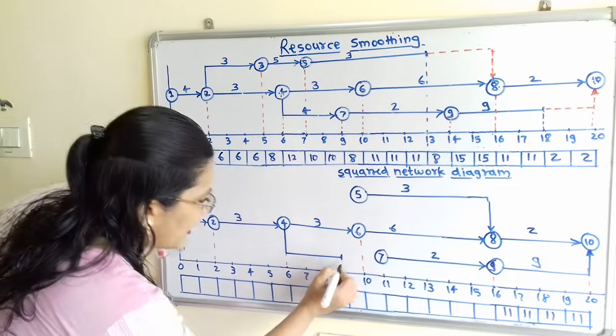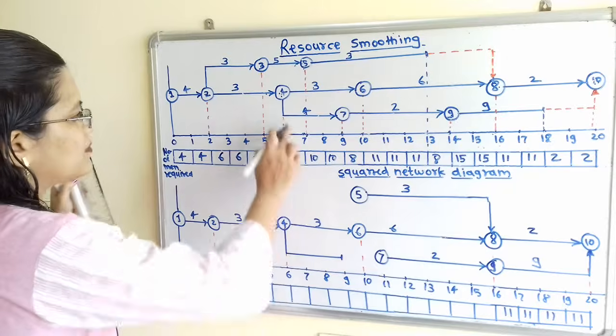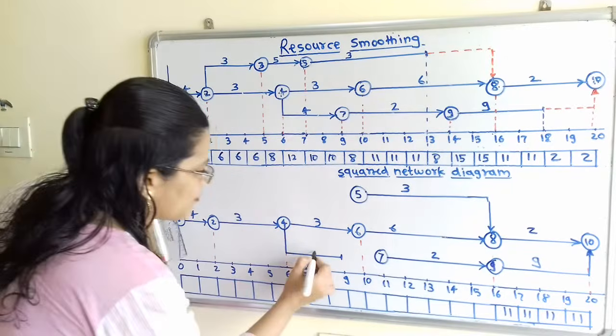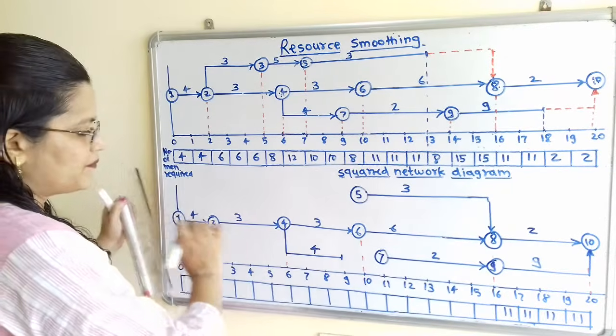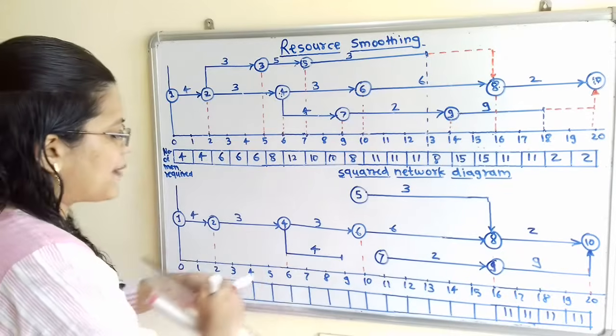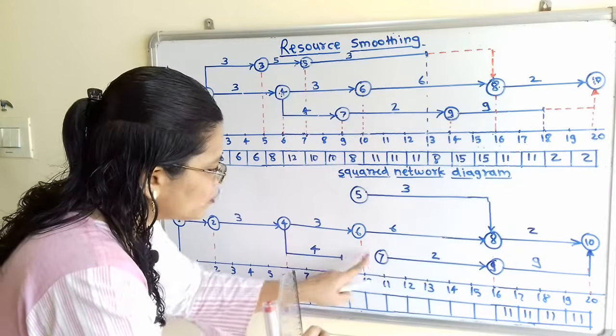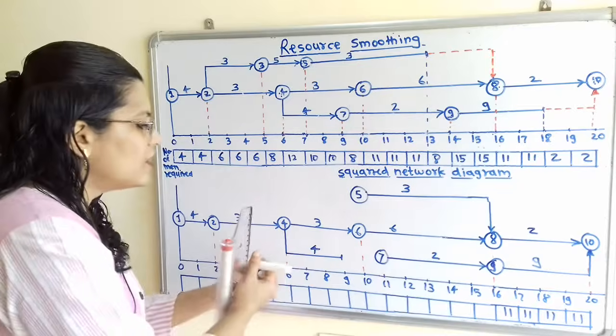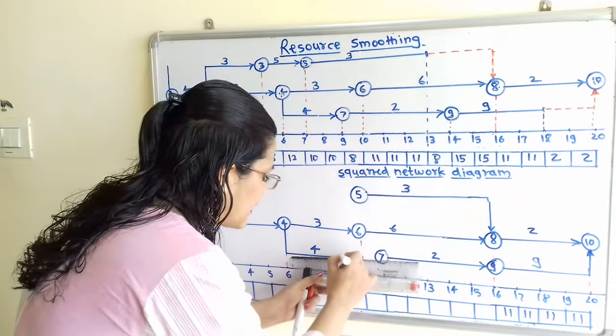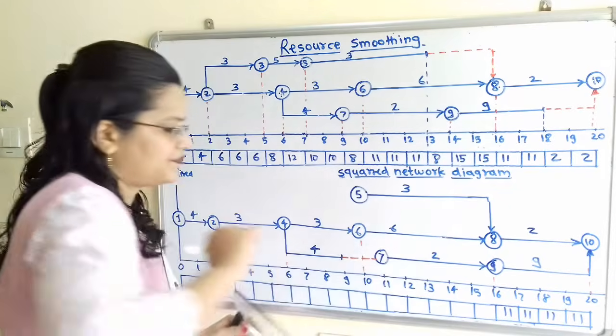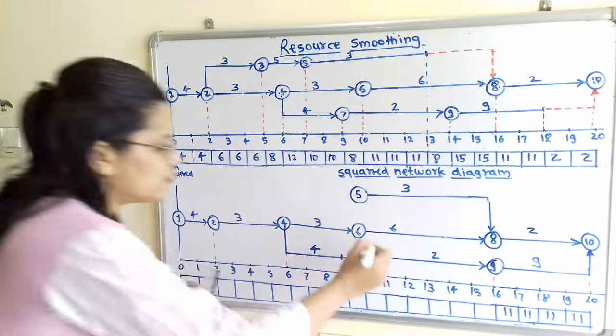So here we have to show this. Here is the completion of this activity, and the manpower is equal to 4. Now the remaining gap between the completion of the activity and 7, we will show with the help of a dash line, and we will show an arrow also.